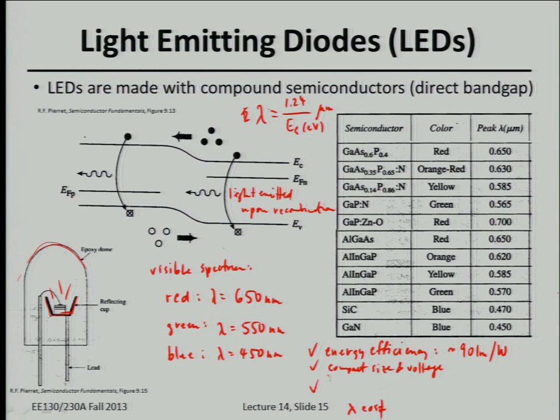Yeah, that's right, lifetime. Does anybody know typically how long an LED will last? Yeah, right, it can approach 100,000 hours. So the initial cost is higher, but over a lifetime, you don't have to replace it as often, for example in traffic signals.